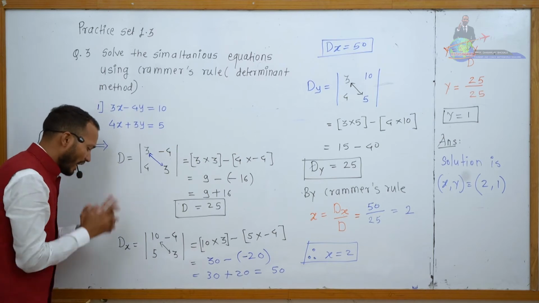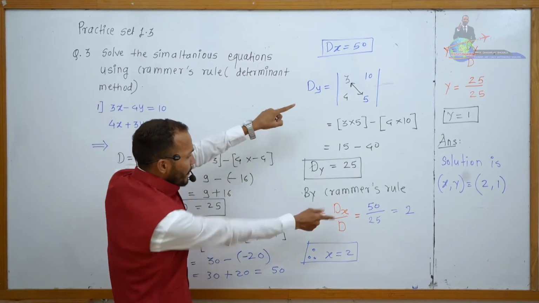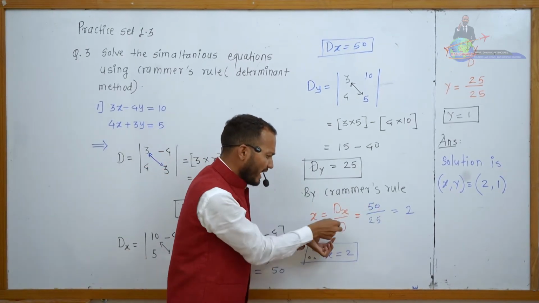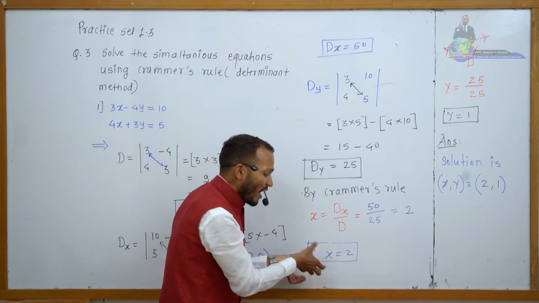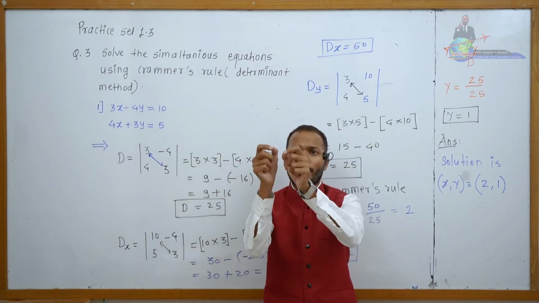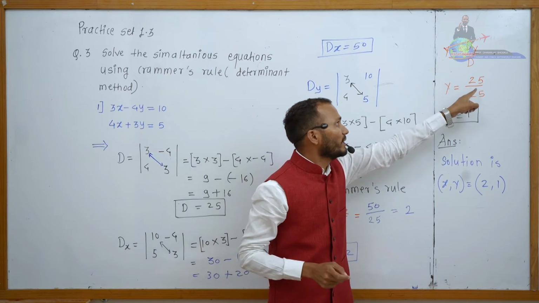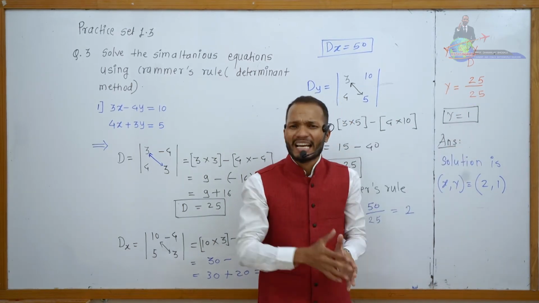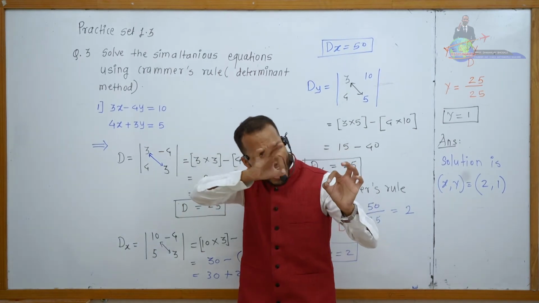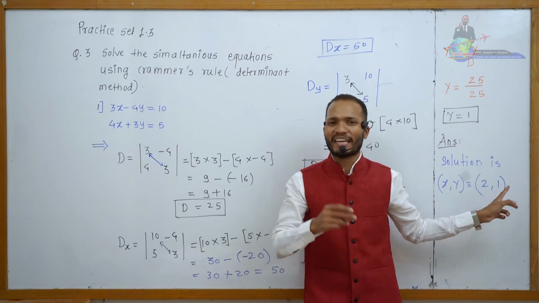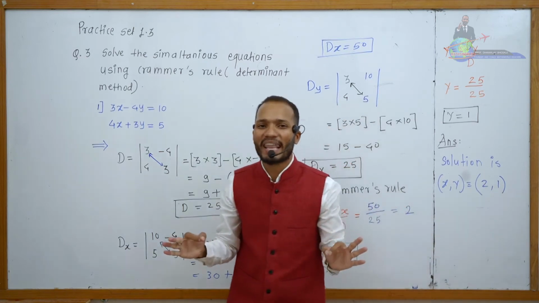First find D, after that Dx, after that Dy by Cramer's rule. x is equal to Dx by D. Put the value of Dx, put the value of D. You got the value of x. Now next formula, y is equal to Dy by D. Put the value of Dy, put the value of D. Divide. Answer 1. So y equal to 1. मस्तपैकी नाव टाका. Answer. आणि लिहिणार solution is (x, y) equal to (2, 1).